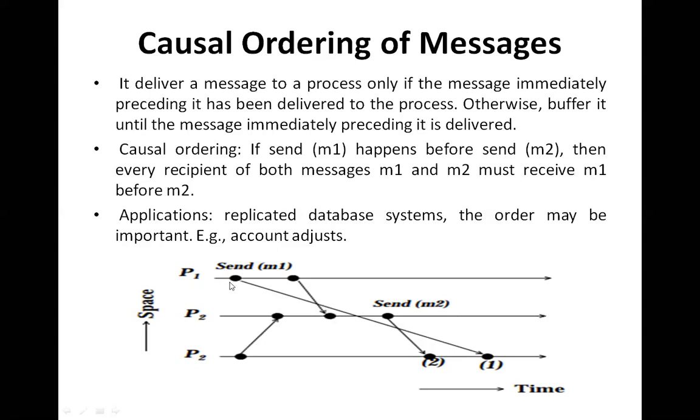Suppose this is an event which is happening in P1. This is another event which is happening in P1. And this event is sending a message M1, and this event is also sending a message M1. Now this is sending a message to the P3 process, and this is sending a message to the P2 process.